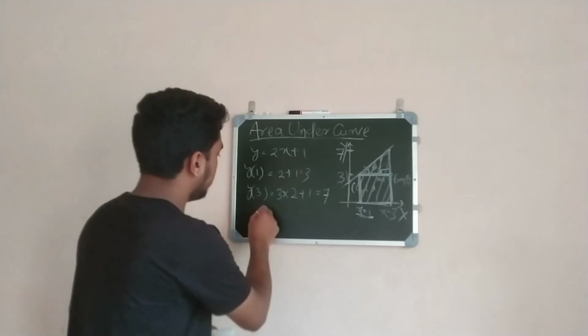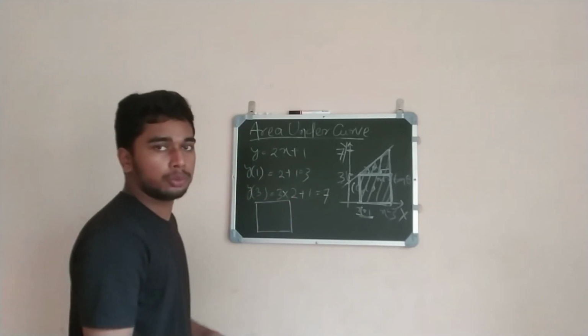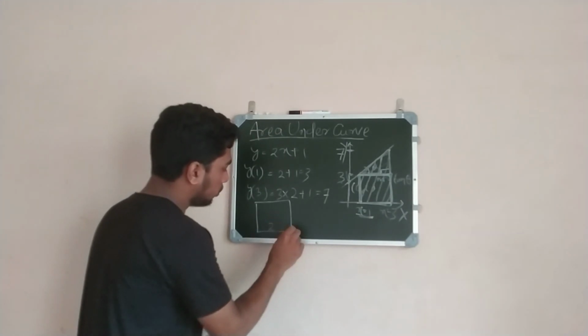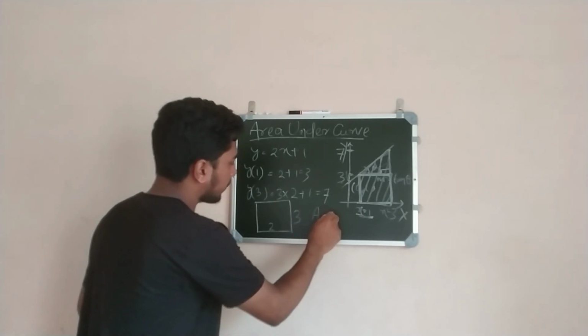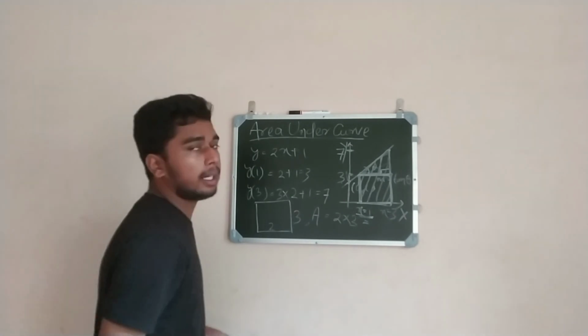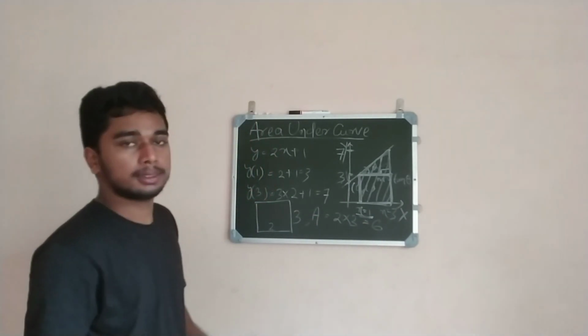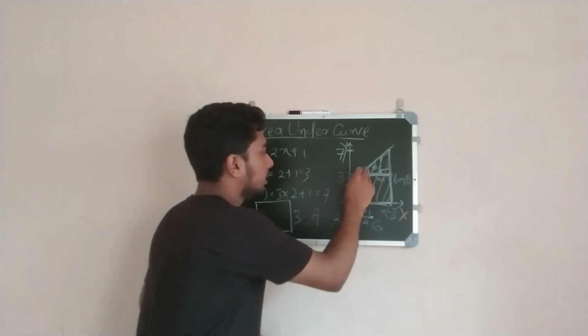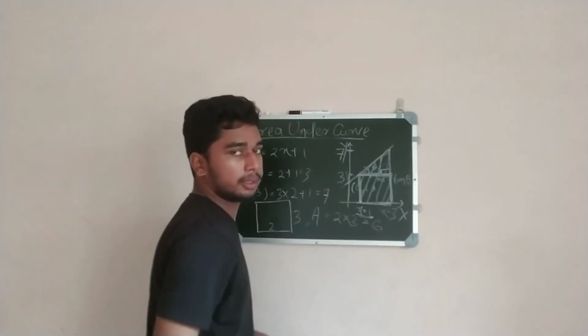So I have a rectangle whose base is 2 and height is 3. Then the area will be 2 multiplied by 3, base multiplied by height. Then that will be 6. So I find that the area of this part is 6 unit.